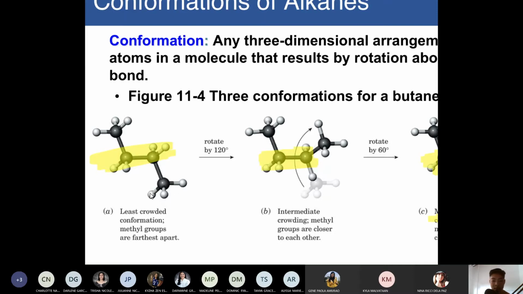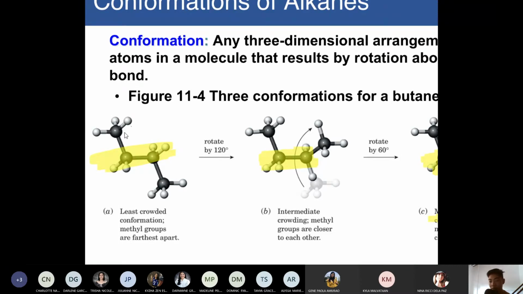This CH3, wala rin siyang natatamaan sa kabila. So, ito yung pinaka least crowded conformation. Kapag ganun, ibig sabihin nun, your molecule is stable. This is the most stable conformation for butane.